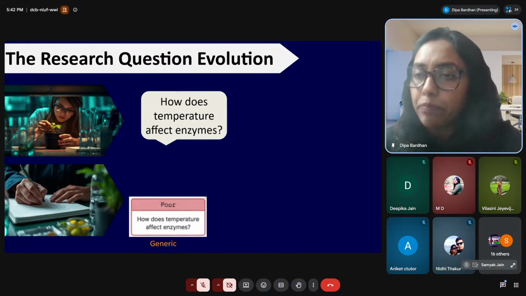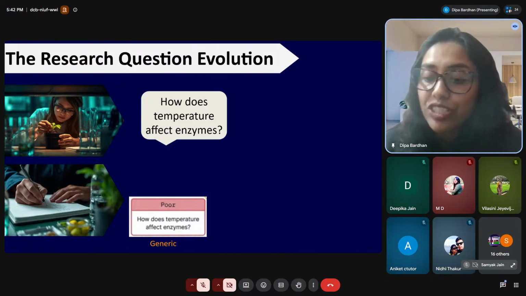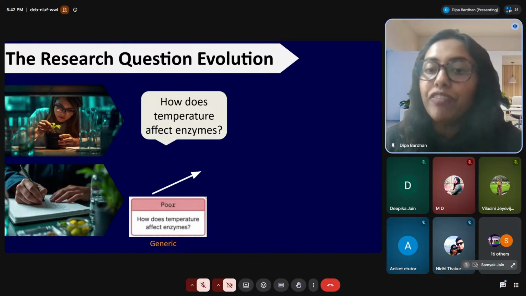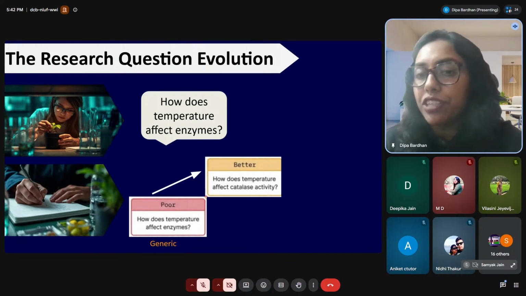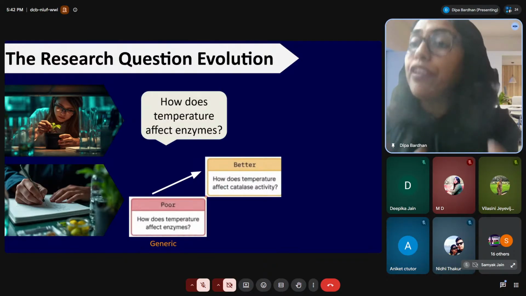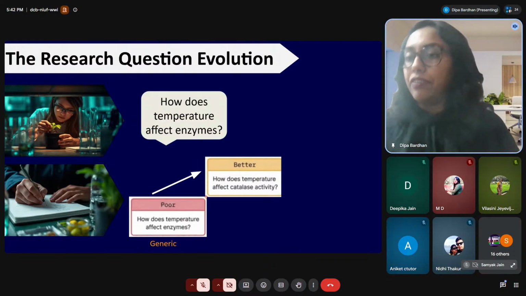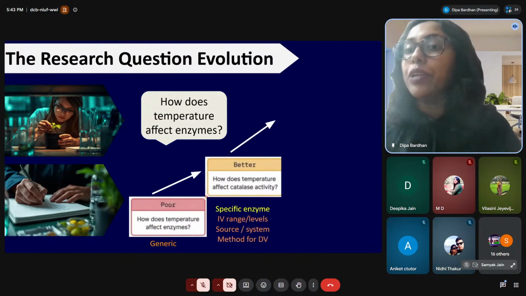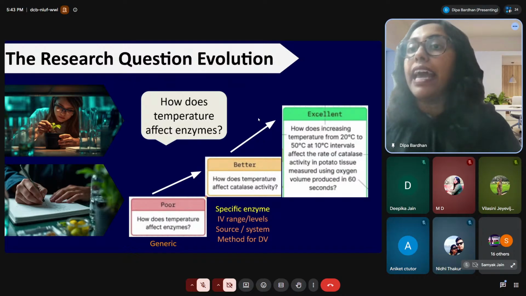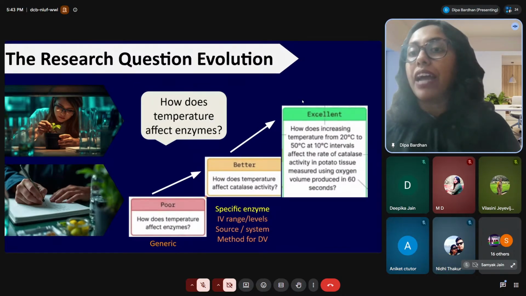They have given temperature, we don't know which range of temperature, we don't know which enzyme. So we will evolve it to a better version where we say, how does temperature affect catalase activity? If you follow the framework given for RQ, everything you can include and you can make it an excellent RQ.